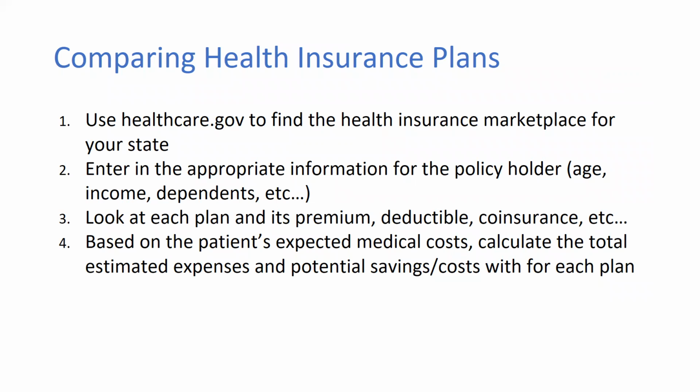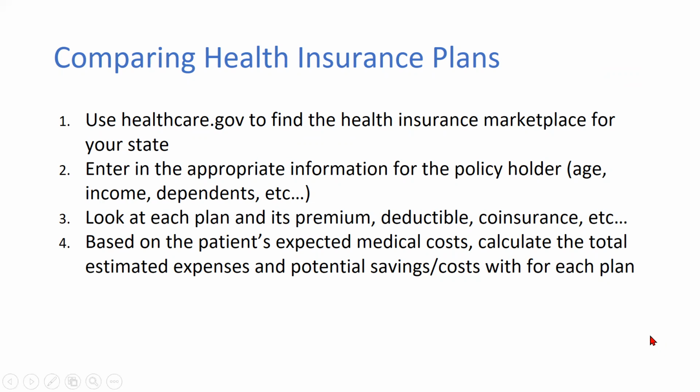You can then look at each plan and its information. This means its premium, deductible, co-insurance, and more. And based on those, you can calculate the total estimated expenses that you would have with this plan, compare it to your out-of-pocket costs without insurance, and determine the potential savings or costs with each plan, and choose what's best for you.